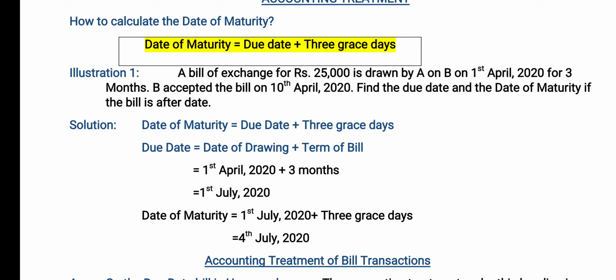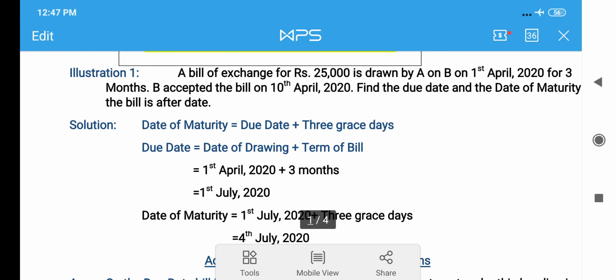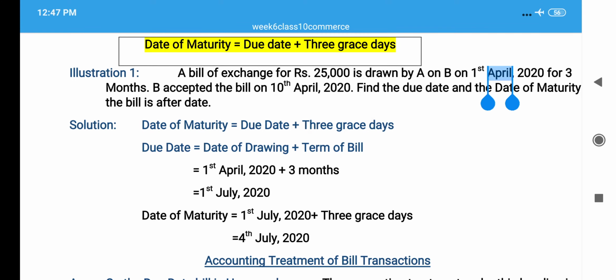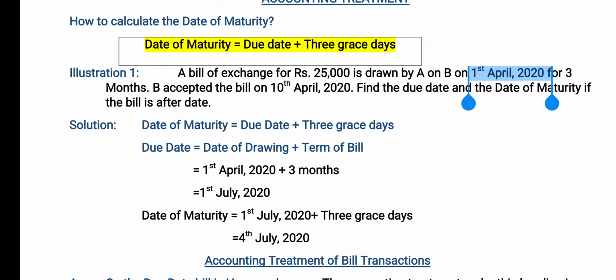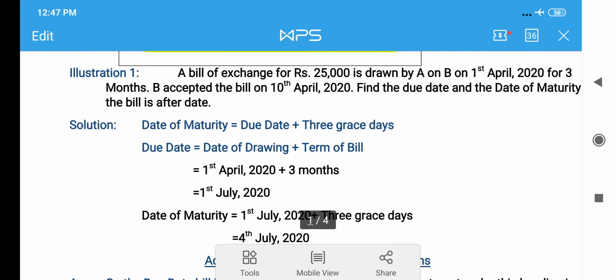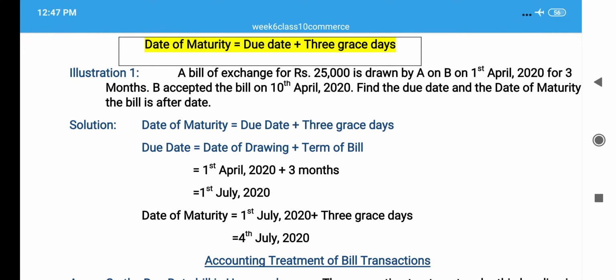So first of all we will find out the due date. Due date is date of drawing, as you can see, 1st April 2020, and the months that have been given to you are 3 months.